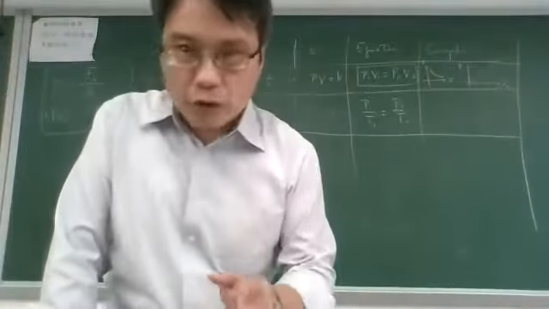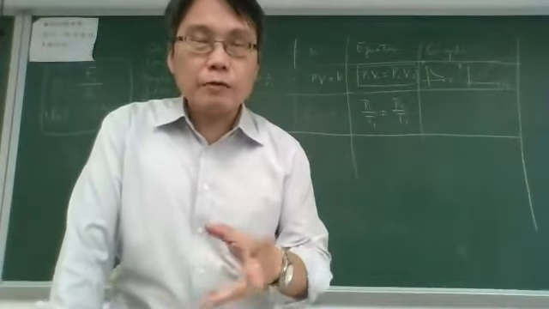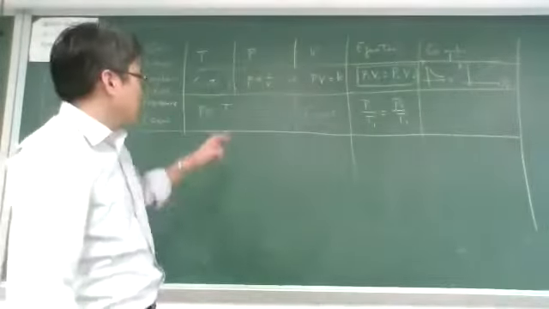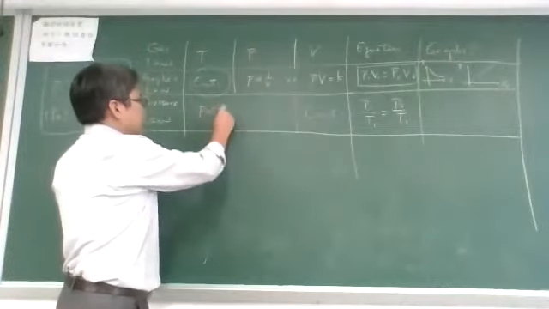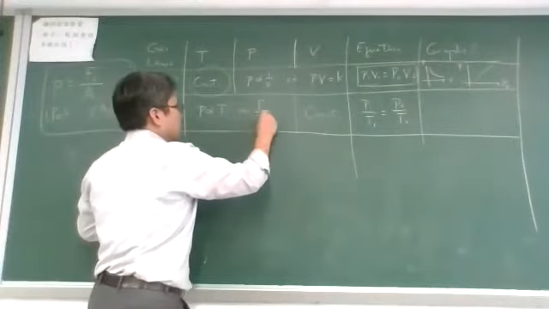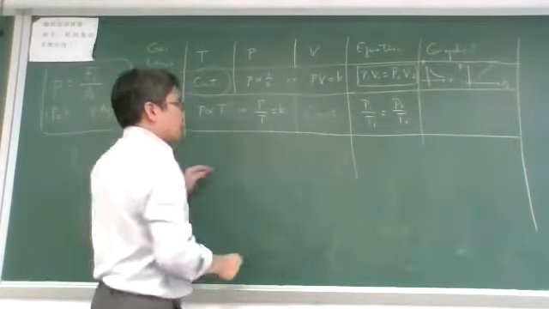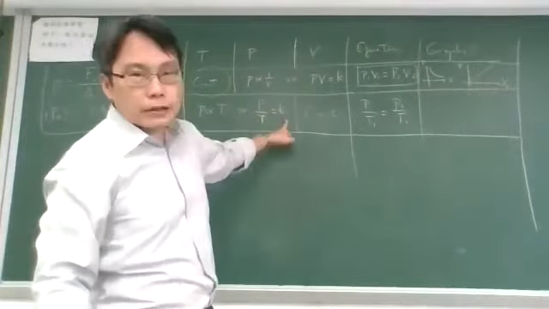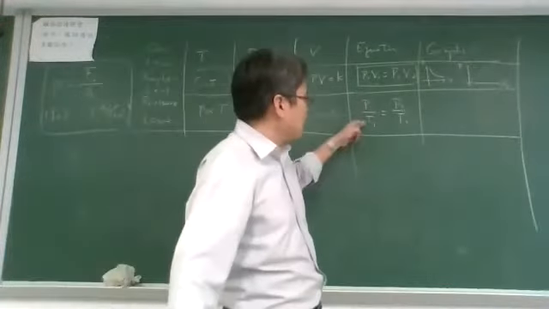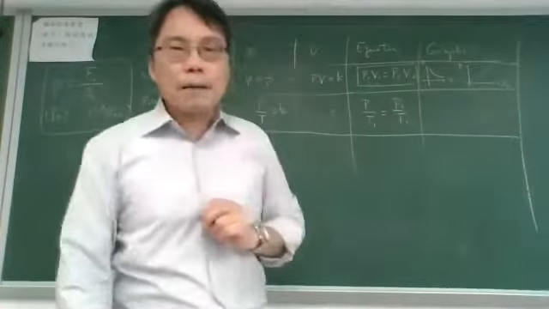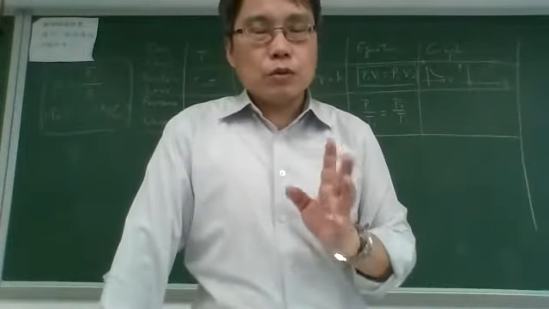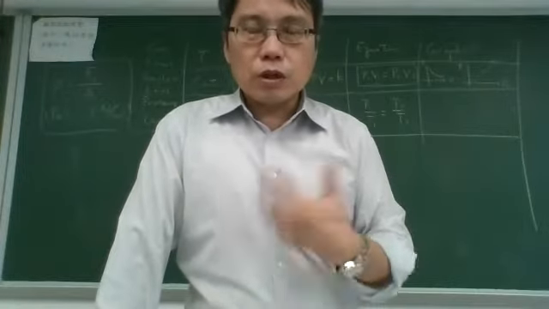I suppose you have learned variation in mathematics, right? Direct proportion and inverse proportion, you have learned. P is directly proportional to T, so P over T equals a constant, the proportionality constant. If you have two states, we write P1 over T1 equals P2 over T2. The remark is that the temperature has to be in Kelvin scale. If you use Celsius scale, you get a wrong answer.